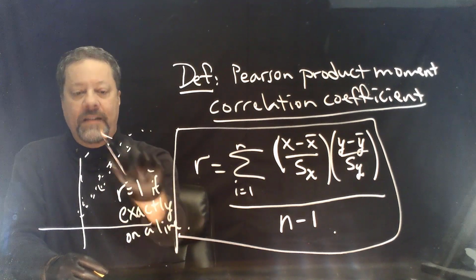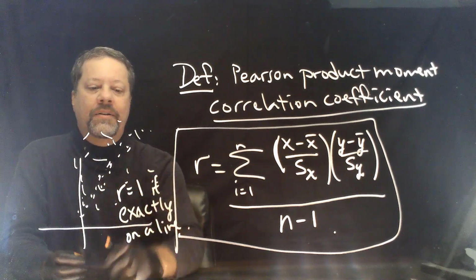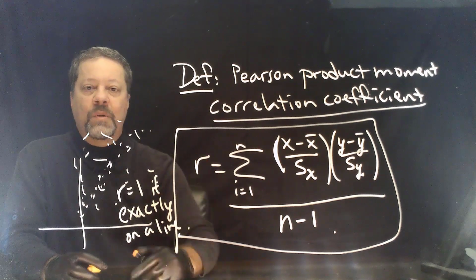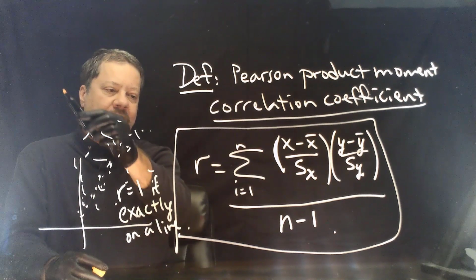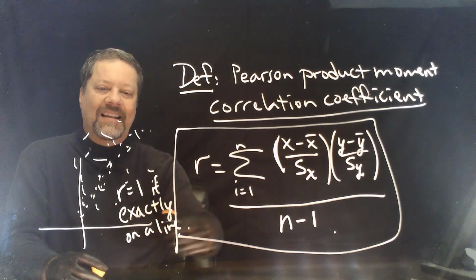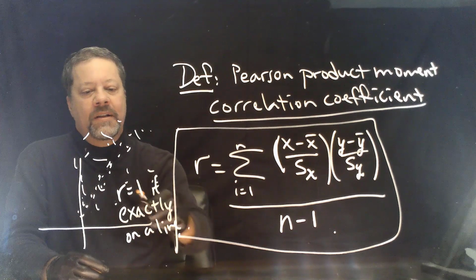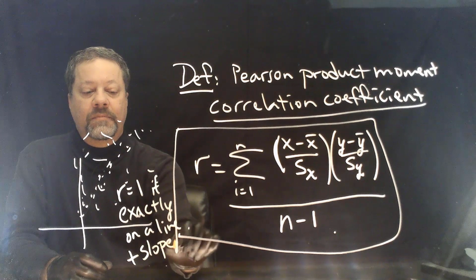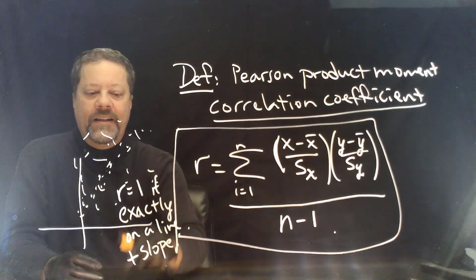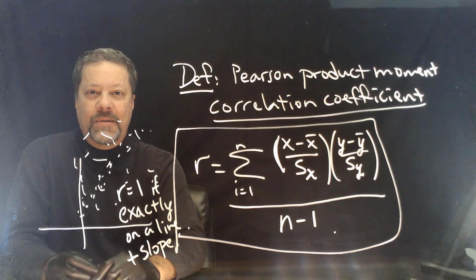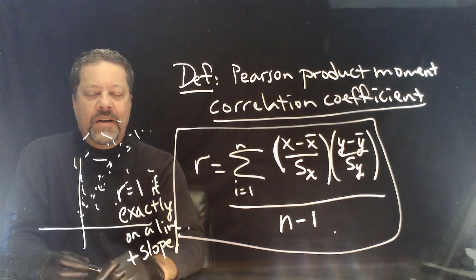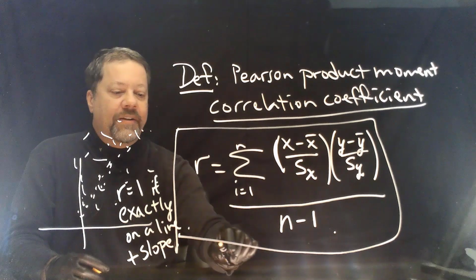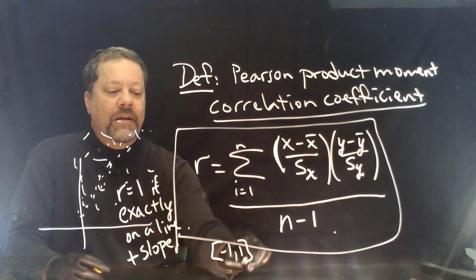If your data is in some big nebulous blob, you could get a correlation coefficient of 0. The correlation will be negative 1 if the data lie exactly on a line with a negative slope. So R equals 1 if exactly on a line, positive slope. R equals negative 1 if it's exactly on a line with negative slope. And it can be anywhere in between. But this R value will only take values between negative 1 and 1.